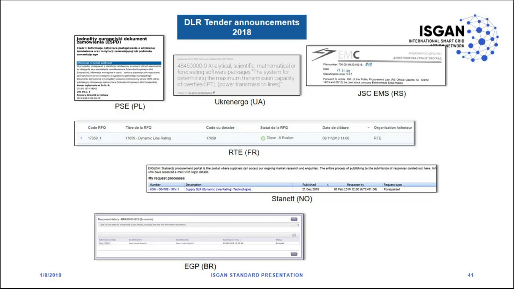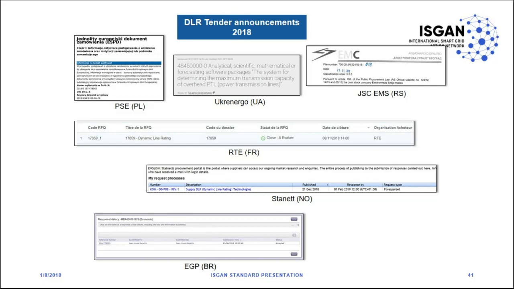So we would like to make the following point now. Dynamic line rating has become relatively common. It's a mature technology. It's been tried for more than 25 years, and our company started research over 15 years ago and started commercial deployments more than 10 years ago.